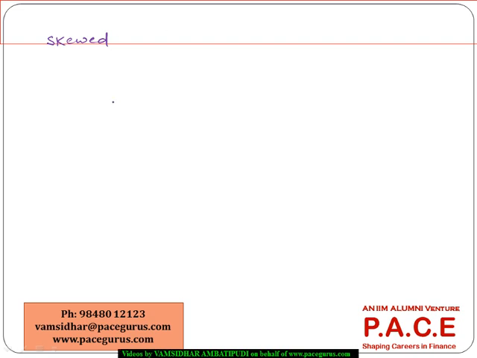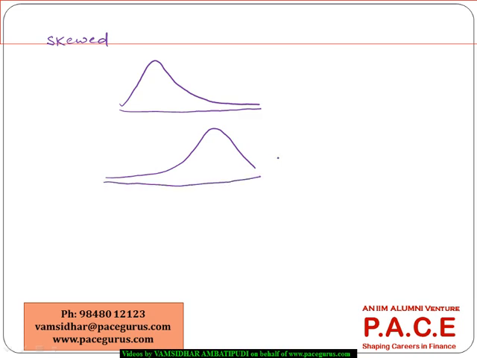So when I plot a histogram, I may get a plot more like this, or sometimes I may get a plot more like this. If I am getting a plot more like this, what we say is this is called a positively skewed distribution, whereas this is called a negatively skewed distribution.